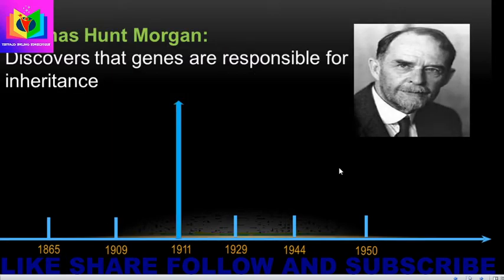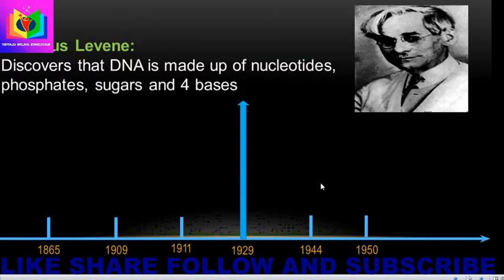Thomas Hunt Morgan discovered the genes are responsible for inheritance. Then we have Phoebus Levene. He was a scientist who discovered nucleotide, phosphate, sugars, and four bases.